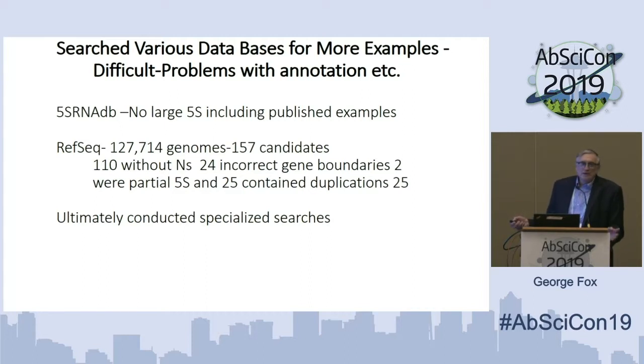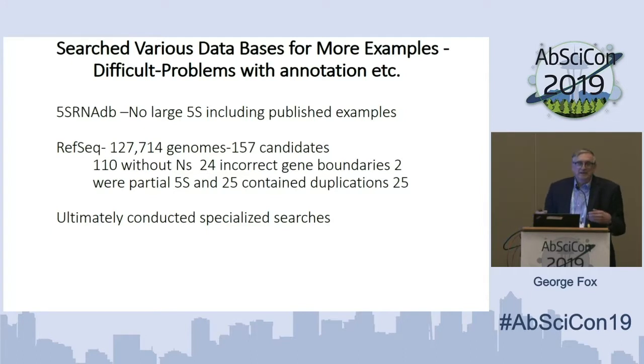But we went to other more traditional places like RefSeq, and we looked at 127,000 genomes. We found 157 candidates for possible 5S RNAs with inserts, and then when you go through this, it turns out that a lot of them are junk, and 24 with incorrect gene boundaries.